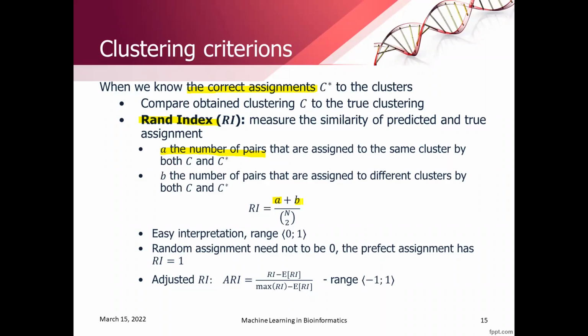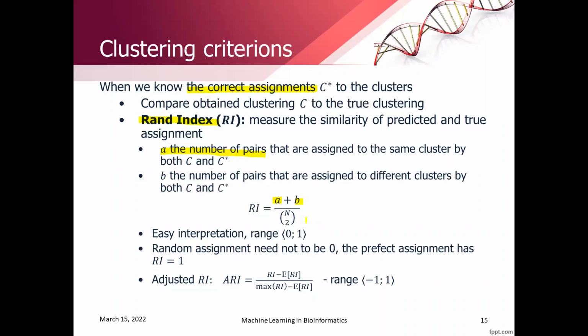And the number of pairs is the combinatorial number n over 2. So it's n times n minus 1 divided by 2. This is the number of possible pairs. So actually, this criterion says what is the fraction of correctly clustered pairs.